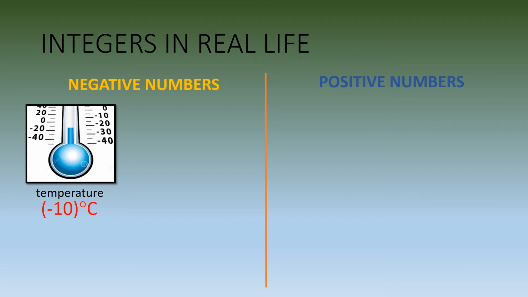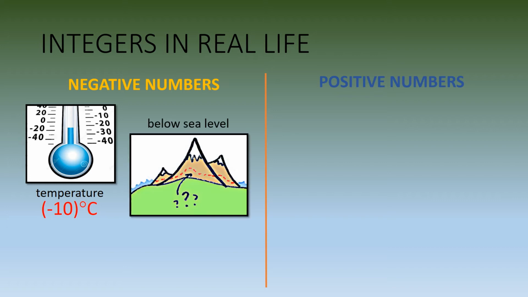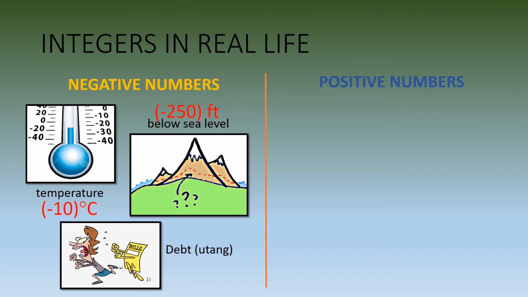Next, below sea level. If the coral reef is 250 feet below sea level, the 250 feet below sea level can be represented by an integer, -250 feet. Lastly, debt or utang.